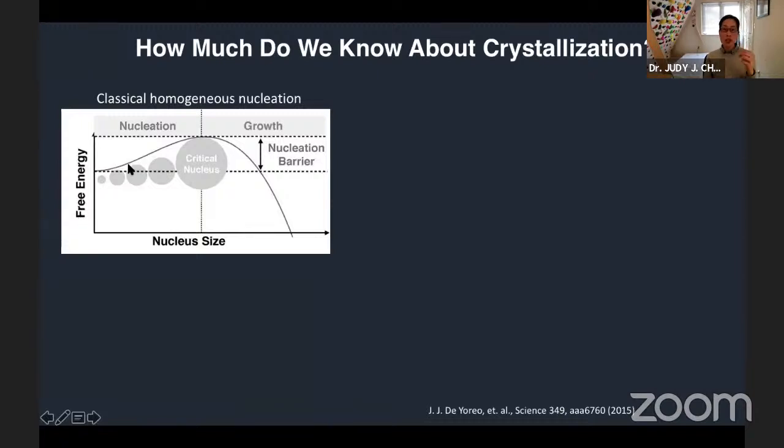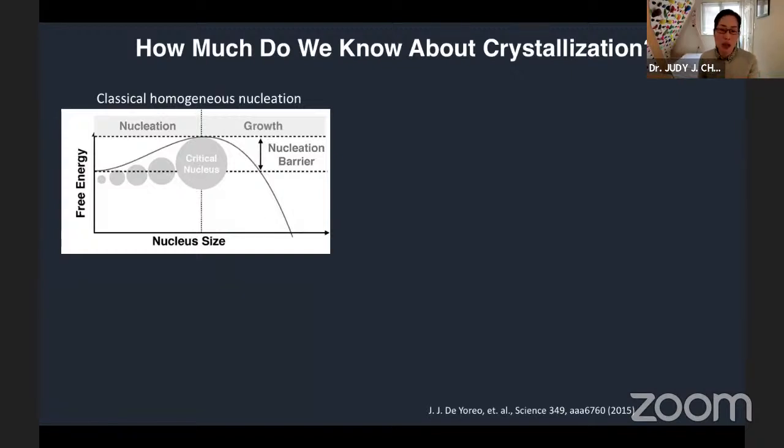When you nucleate, a surface is created, and that surface is a positive energy term. However, at a certain critical size, the surface energy term is balanced by the volume energy term. Once you overcome this nucleation barrier, it's downhill for the free energy. You nucleate a critical nucleus and it grows.